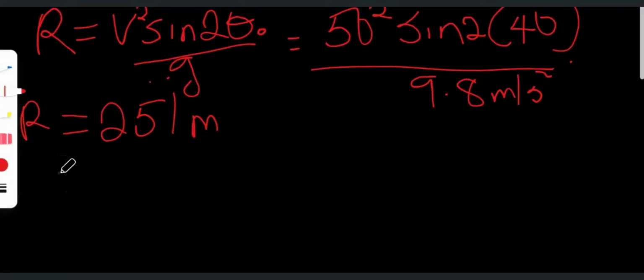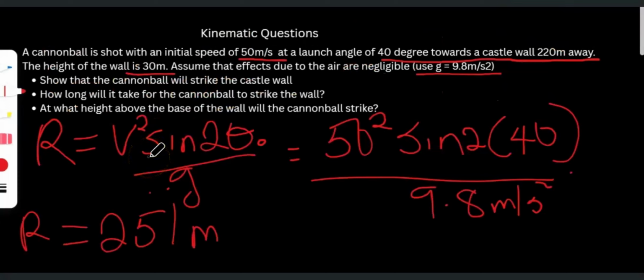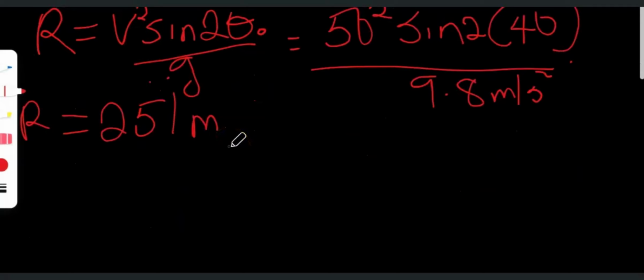Once you have the range now as 251 meters, we simply need to make sure that the cannonball's height is less than 30 meters at the point its horizontal displacement is 220 meters. Since the horizontal displacement here is 220 meters, and the height of the castle is 30 meters. This is the height, this is the horizontal displacement.